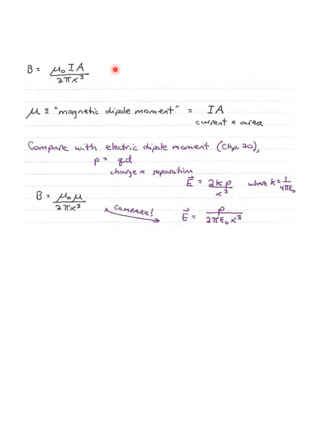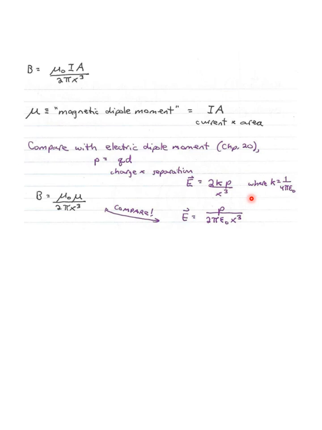And I want to compare this with the electric dipole moment. We looked at that back in chapter 20. When you have electric dipoles, so remember that means a positive and a negative charge, and they're equal and opposite to each other, we defined the electric dipole moment as the charge times the distance between them, or charge times separation. And the electric field from that was 2 times k, the Coulomb constant, times the electric dipole moment over x cubed.